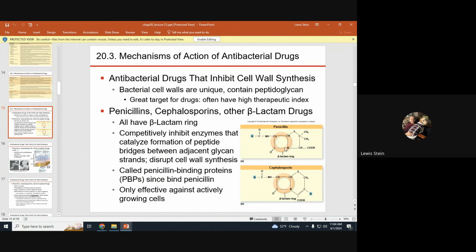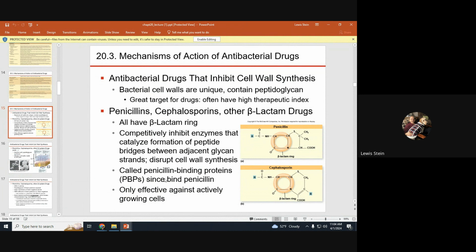This is what basically is able to interfere with those NAMs and NAGs and all that stuff being able to assemble itself in peptidoglycan. Okay, so they inhibit competitively, which means basically they're fighting away the site where the peptidoglycan is, and so the strands can't bridge together.